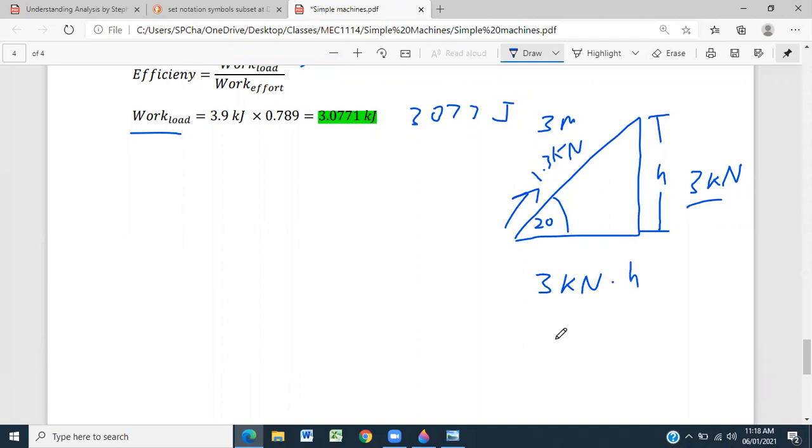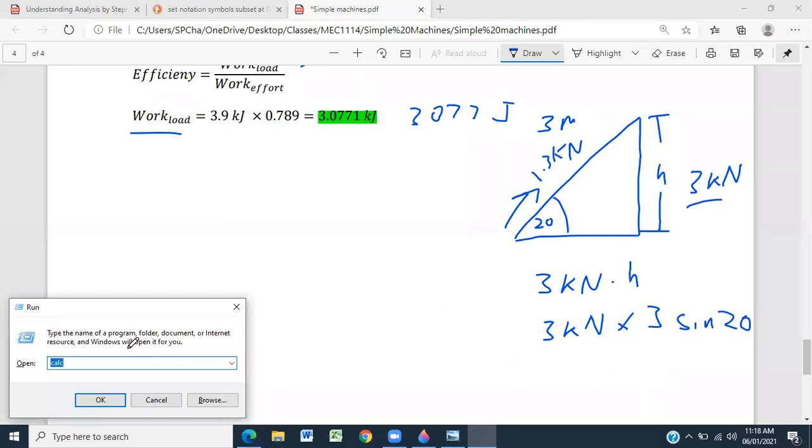That's 3 kilonewtons times 3, which is the hypotenuse, times sine of 20. Let's just break out the calculator real quick.